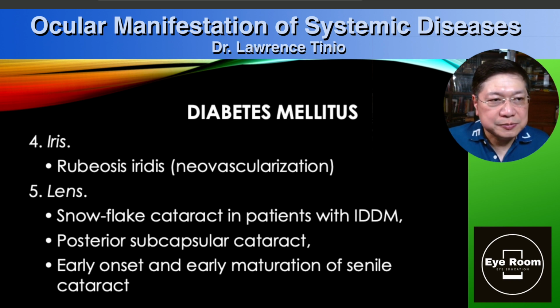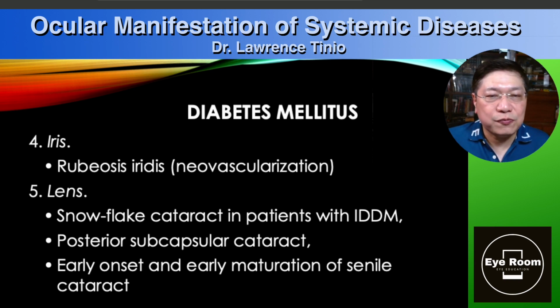insulin dependent diabetes mellitus. You may have posterior subcapsular cataracts, again, very common, especially in patients with either diabetes or steroid intake. You will also notice an early onset and early maturation of the senile cataracts.